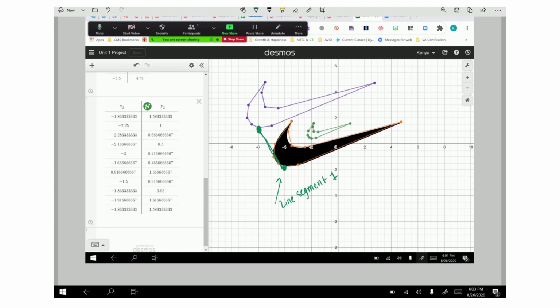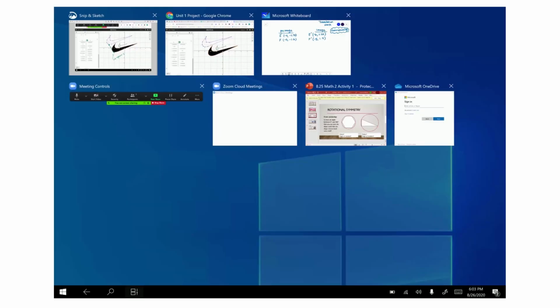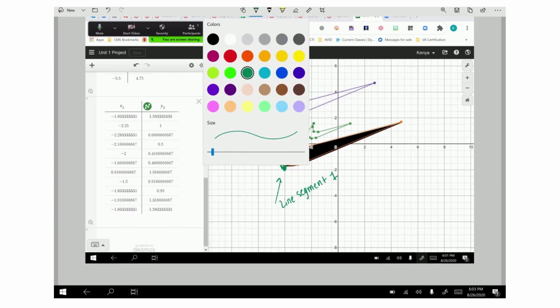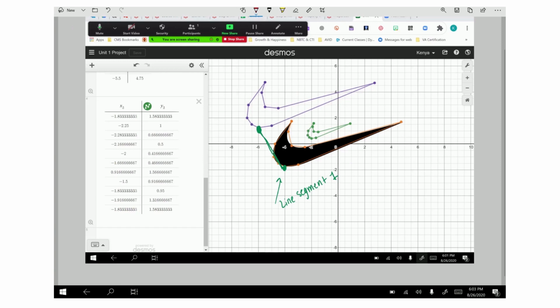Now let's look at our other point in a different color, red: -3, -1.6. The corresponding point is right here, and we draw a line segment from there to there.